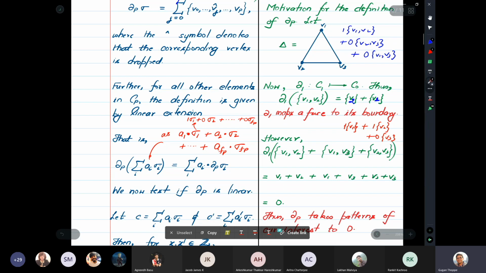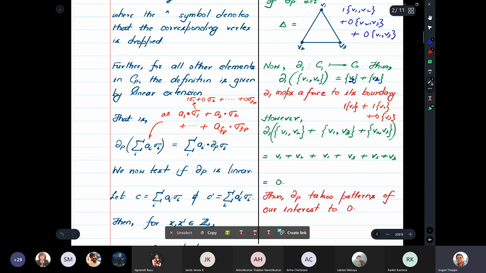Now let's see what will happen if we gave this maybe more complicated one-chain as input to ∂_1. This one-chain is made up of V1V2, V1V3, and V2V3: the first edge, the second edge and the third edge.